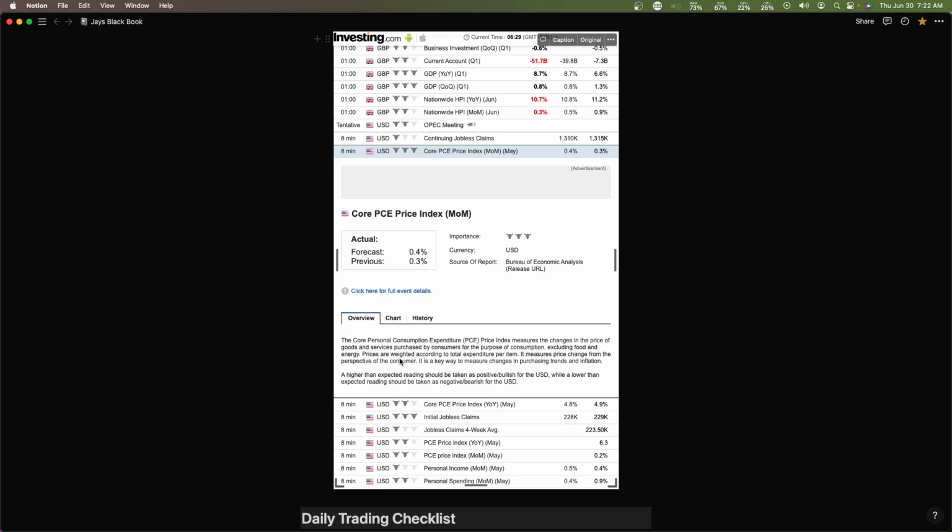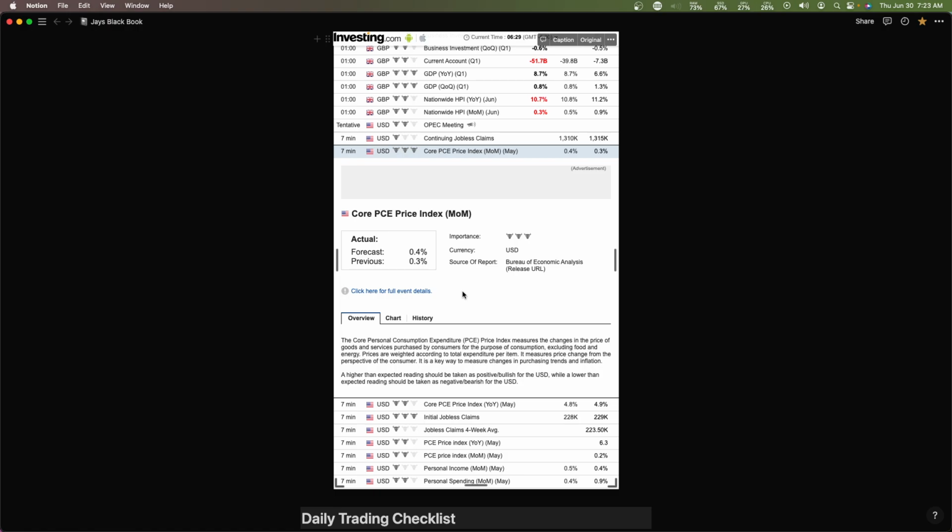Prices are weighted according to the total expenditure per item. It measures price change from the perspective of the consumer. It is a key way to measure changes in purchasing trends and inflation. A higher than expected reading should be taken as bullish for the USD, while a lower than expected reading should be taken as negative, bearish.